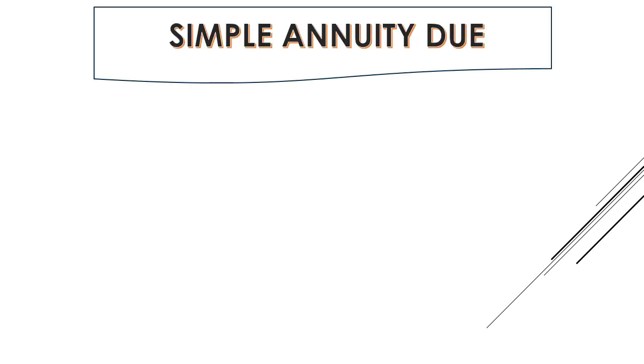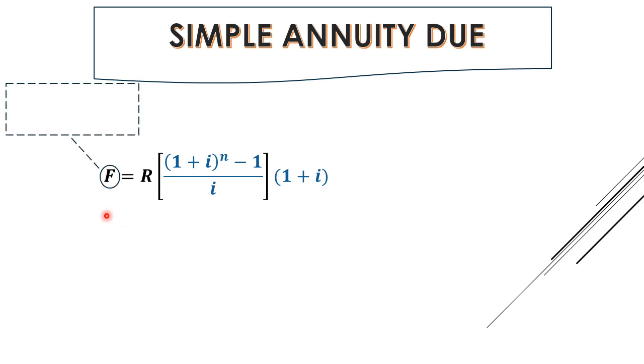So now let's have a formula for the simple annuity due. For the future value, we have F equals R times (1 plus I to the power of n minus 1) over I, times (1 plus I), where F is the future value and it is the total accumulation of the payments and interest earned. We have shown earlier that to get a future value, we simply add the payments together with the interest earned in every period.